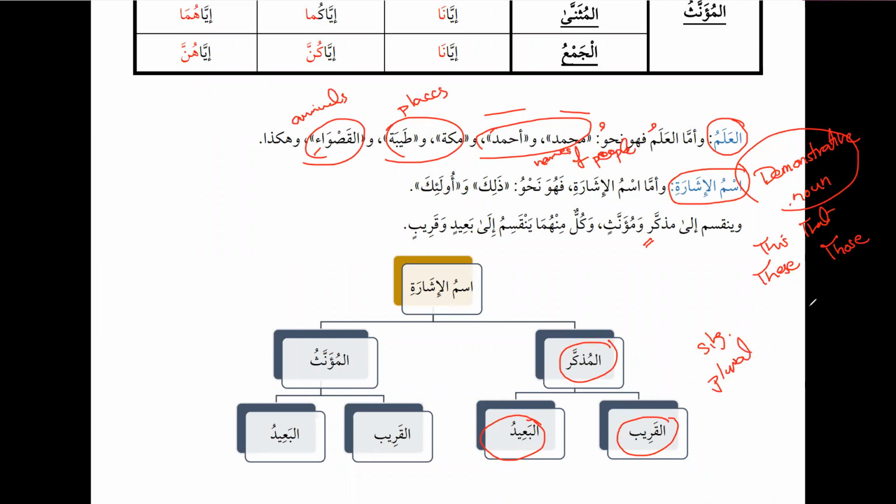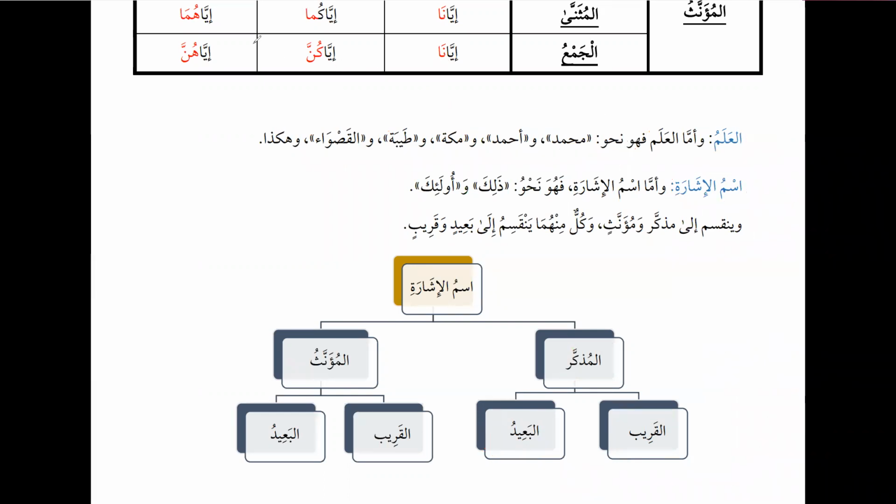So if they are one in number, then you will use the word dha, like hadha or dhalika. If there are two, then you will use dhani, hadhani, or dhanika. And if there are more than that, then you will use ulai, like haulai or ulaika. Okay, so let's move on. Let's learn them, inshallah. And all of this requires memorization.